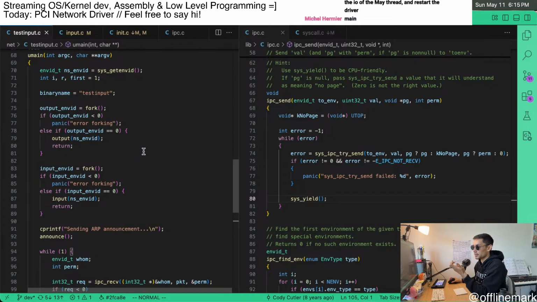And the scheduler is super simple. How does it work again? It just iterates. I don't remember, but I thought it was a very simple kind of round robin scheduler, which just goes through each one.